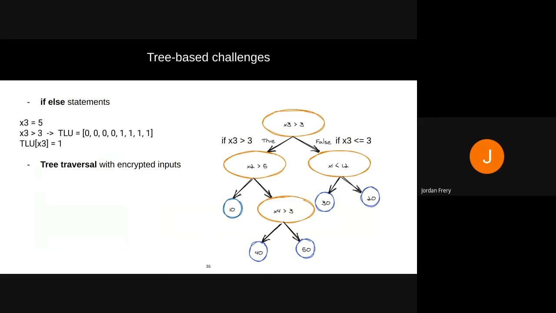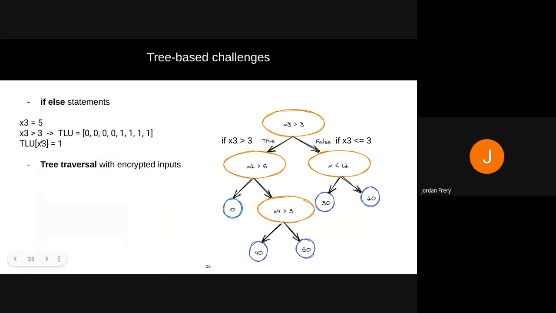So what we do is represent this comparison with a table lookup. Imagine you have X3 here, which is equal to 5. The comparison X3 greater than 3 could be represented with a table lookup with only zeros, 4 zeros and 4 ones.